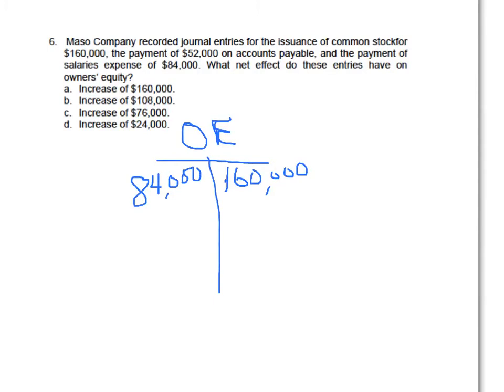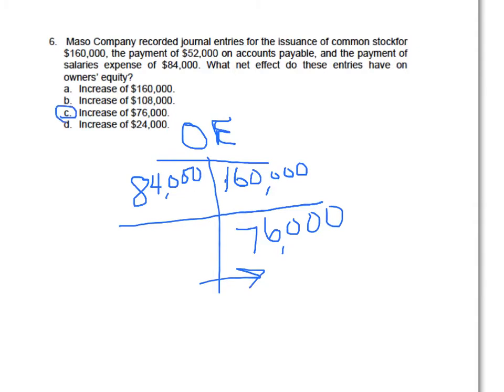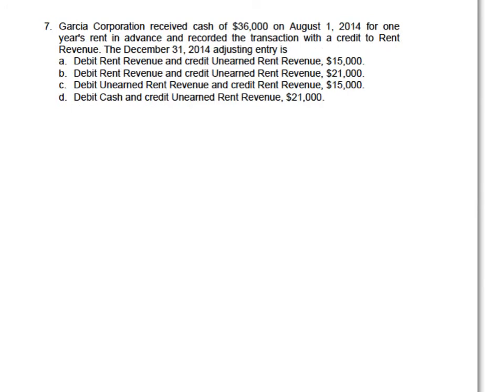What effect do these entries have on owner's equity? Well, 160 minus 52 is 108, minus 84 is 24,000. It's a net increase because it's on the right-hand side of the accounting equation, so I think what we're looking for here is C. In number 7, it says Garcia Corporation received cash of $36,000 on August 1, 2014 for 1 year's rent in advance and recorded the transaction with a credit to rent revenue.